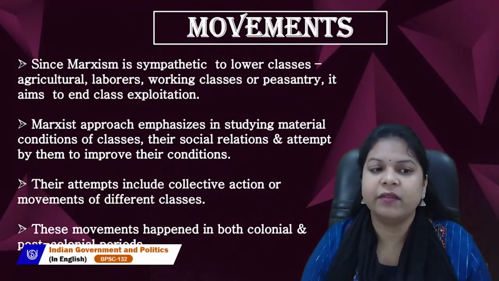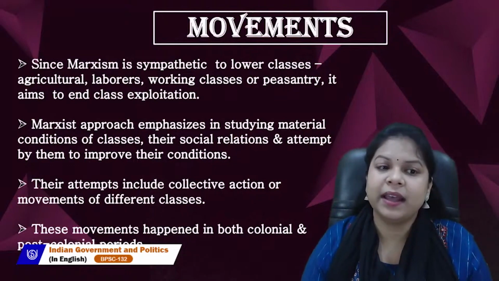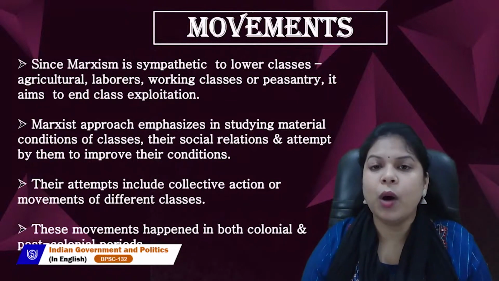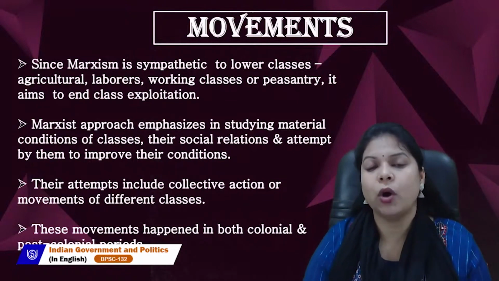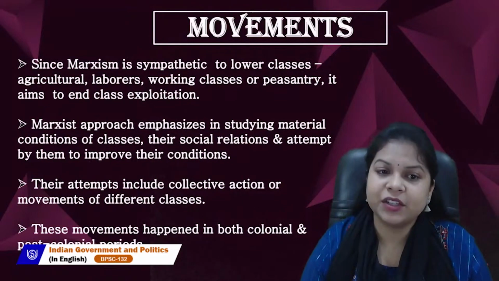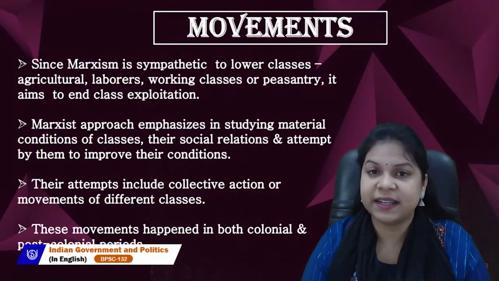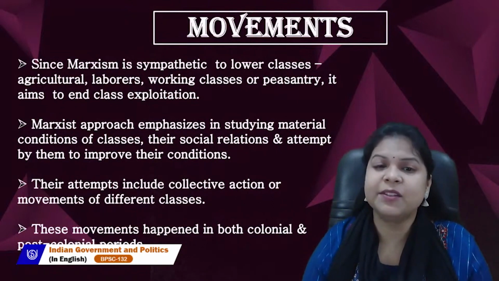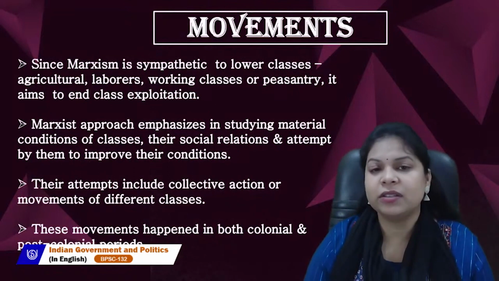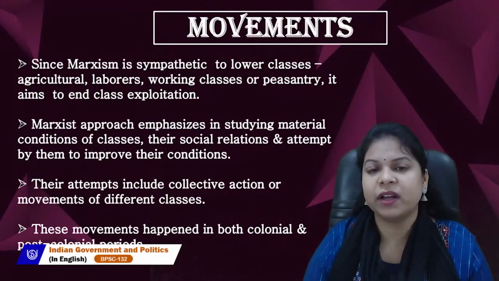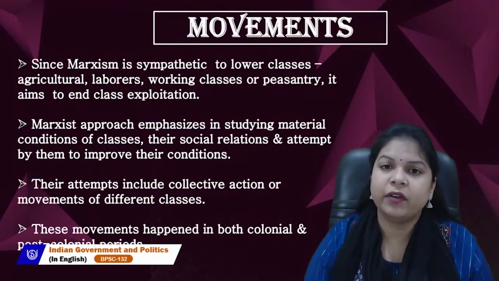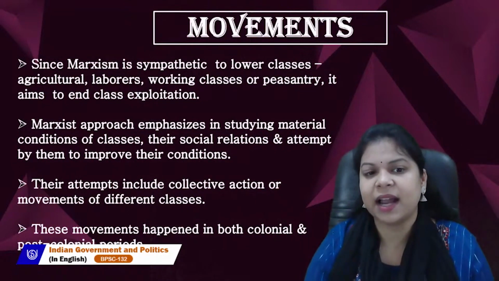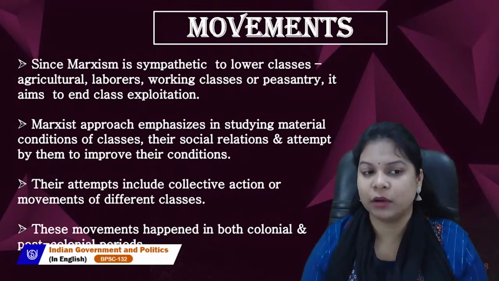The basic thing in Marxism is that they are very sympathetic to the rural poor or those who belong to lower classes like agricultural laborers, working class, peasantry, workers, laborers, and that is why it aims to end class exploitation, because according to Marxism, it is because of the class distinction between rich and poor, owner of the land and who works in the land, that this kind of discrimination and exploitation emerges.